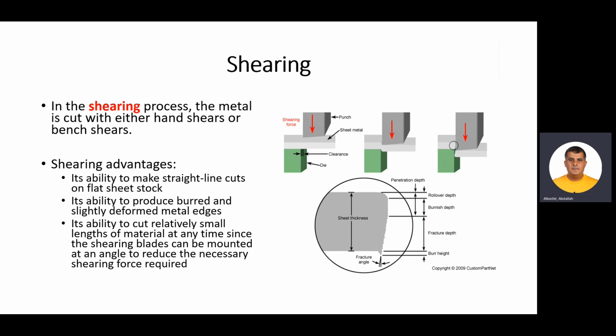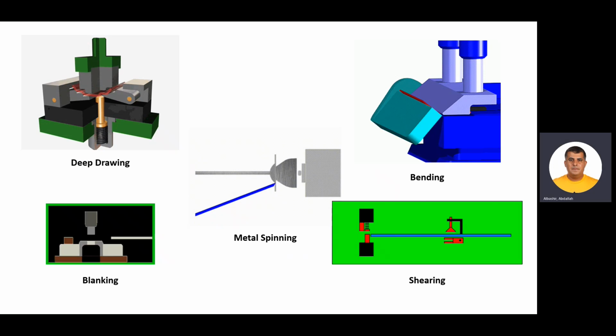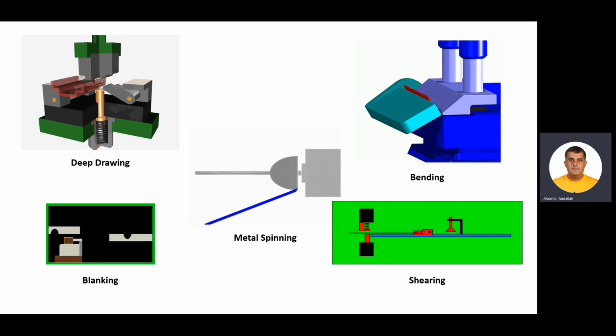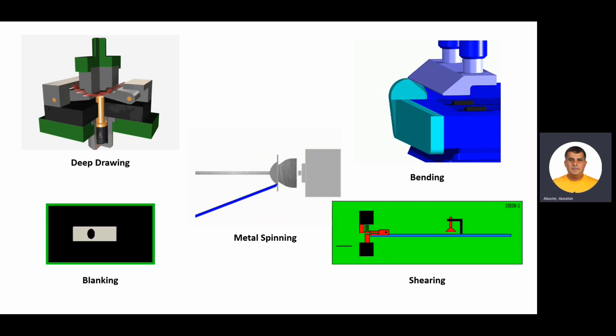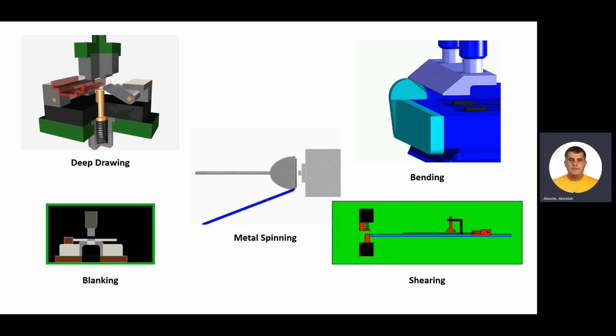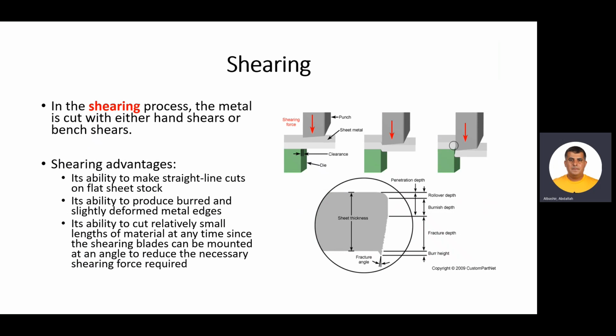Now, in our workshop, we will mainly do shearing, bending, and one of the welding processes done on sheet metals, which we'll discuss later. It's called spot welding. In the shearing process, the metal is cut with either hand shears or bench shears.